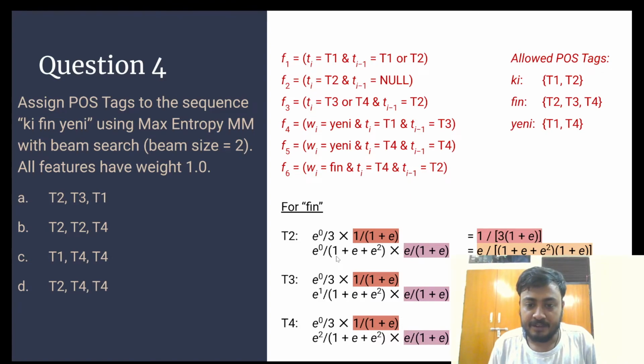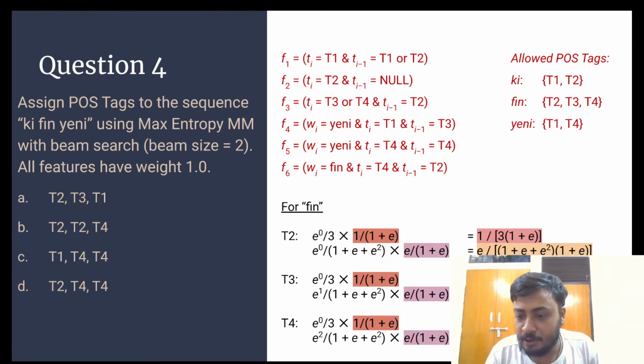Remember, when we do the normalization part, we have to consider normalizing over the same wi and same ti minus 1. So the first 3 rows are part of the same normalization, like this row and this row, whereas the second ones are part of the other normalization. That is what you need to remember.